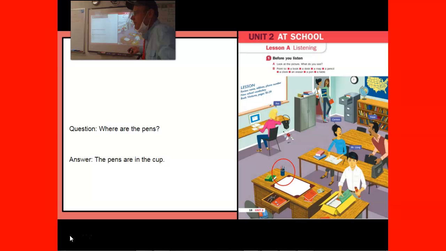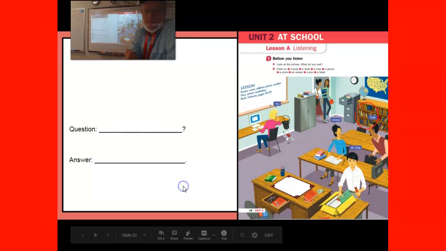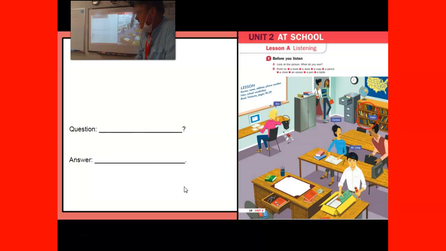All right, you ready for the next one? Okay, here's another one. Okay, you guys see the circle? So you want to ask a question. What are these? Books. Books. So ask the question.